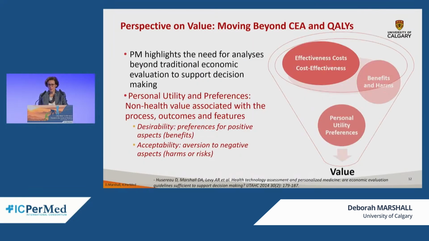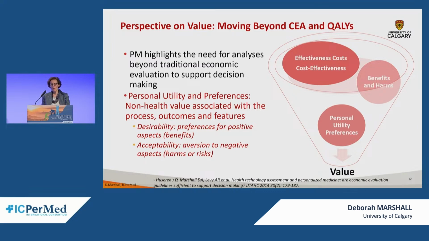So now I'm going to change up the olives in my martini glass and say, let's add an olive here. Yes, I'm going to keep my costs and I'm going to keep my effectiveness, but I want to add in my personal utility and preferences.